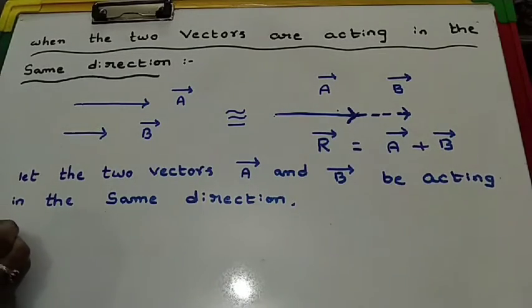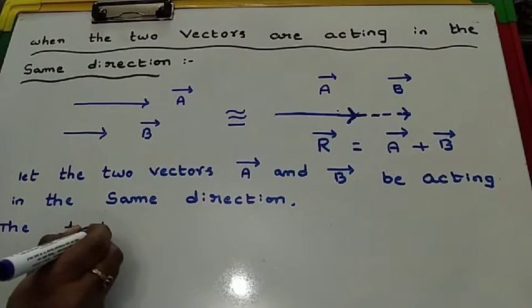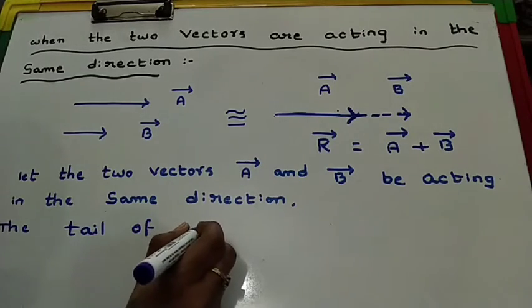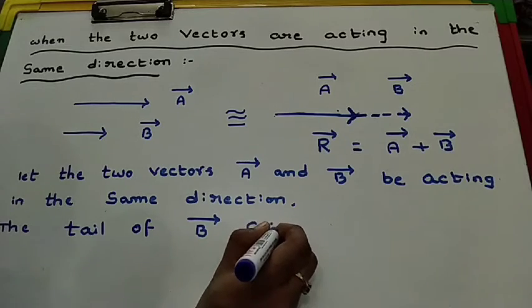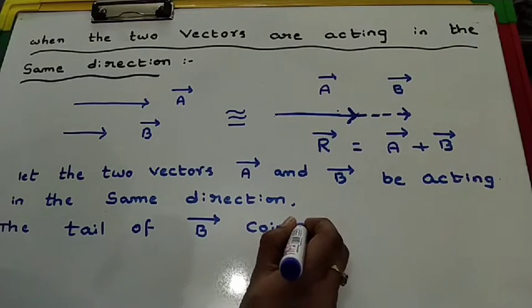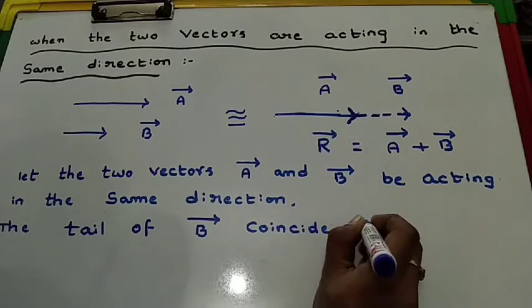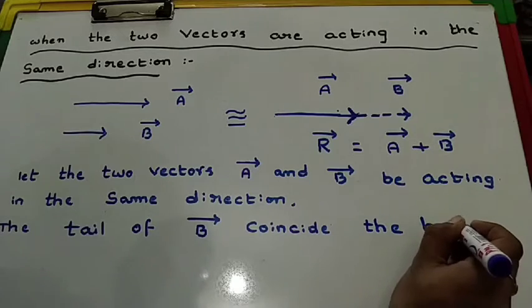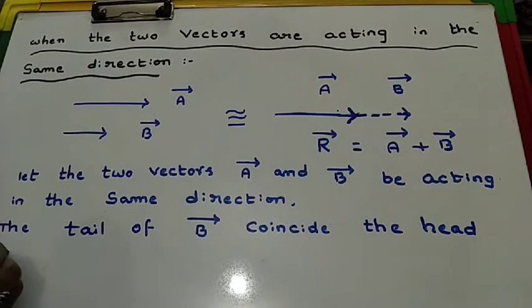Therefore, the tail of B vector coincides with the head of A vector.